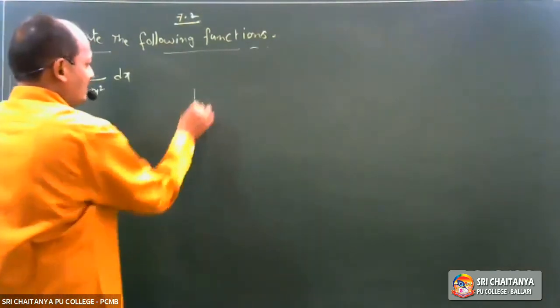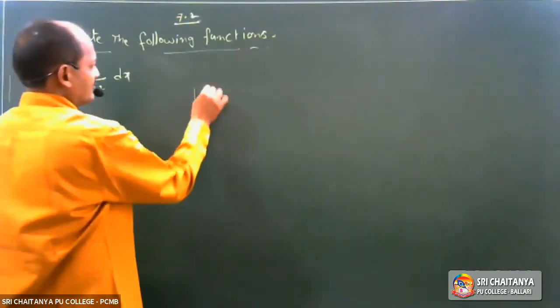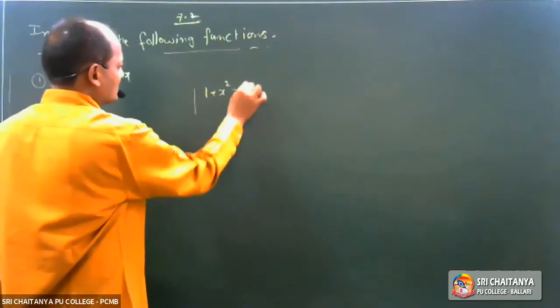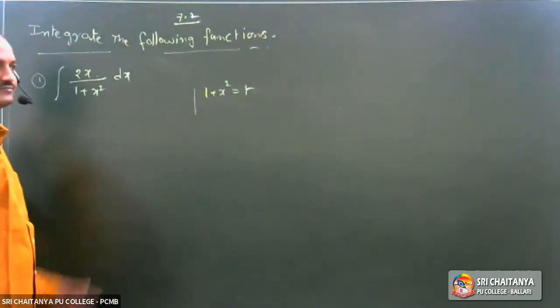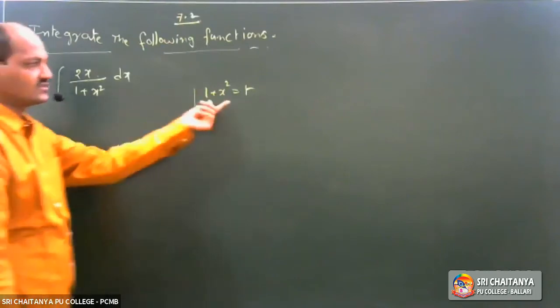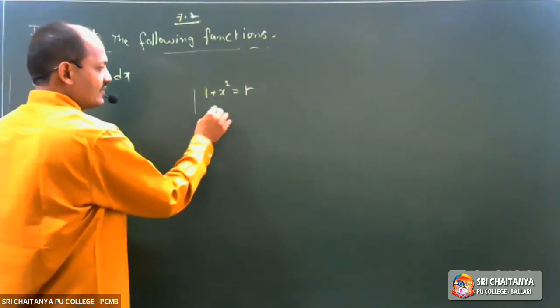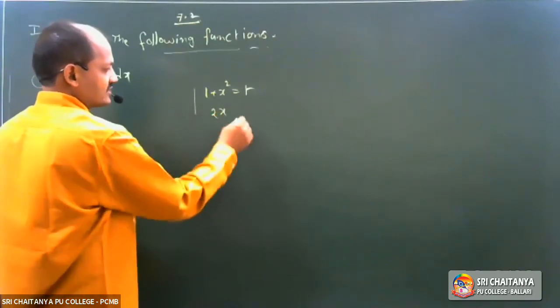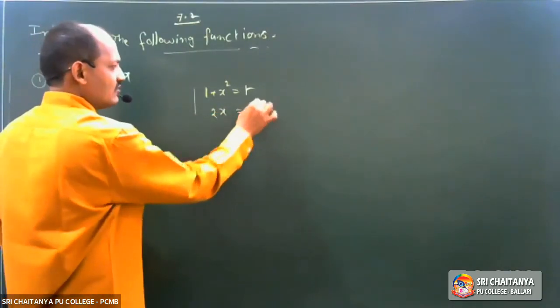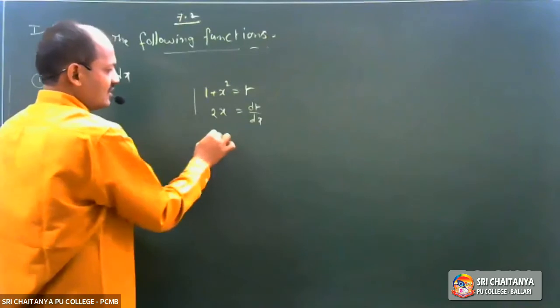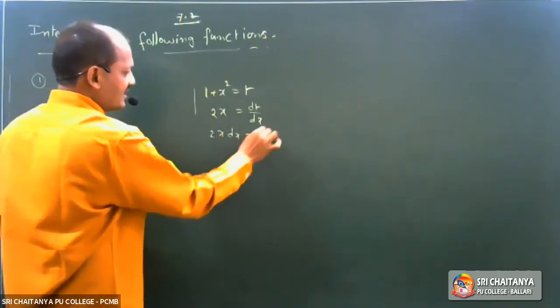First, for the denominator term, consider 1 plus x square is equal to t. The derivative of 1 is 0 and the derivative of x square is 2x, so 2x is equal to dt by dx, that is 2x dx is equal to dt.